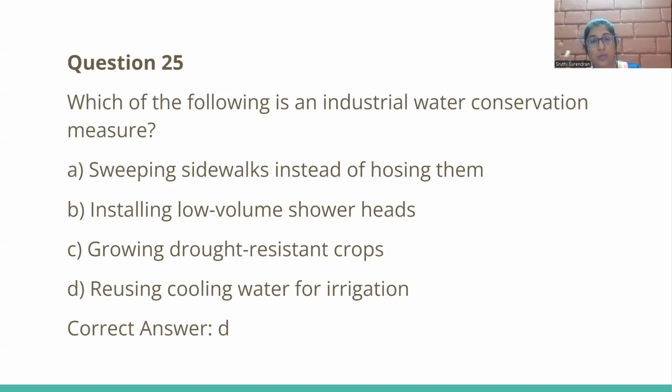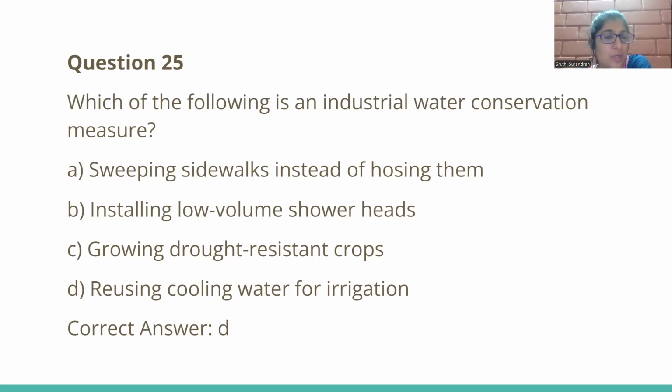Cooling water is water that is generally used as a coolant for sudden cooling of heated parts or heated substances. This cooling water can be reused because it is not getting contaminated or polluted in a very bad way.